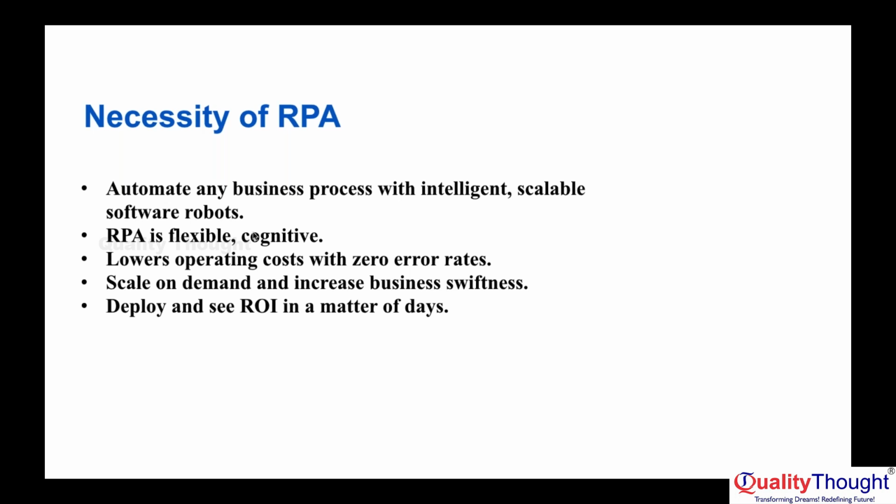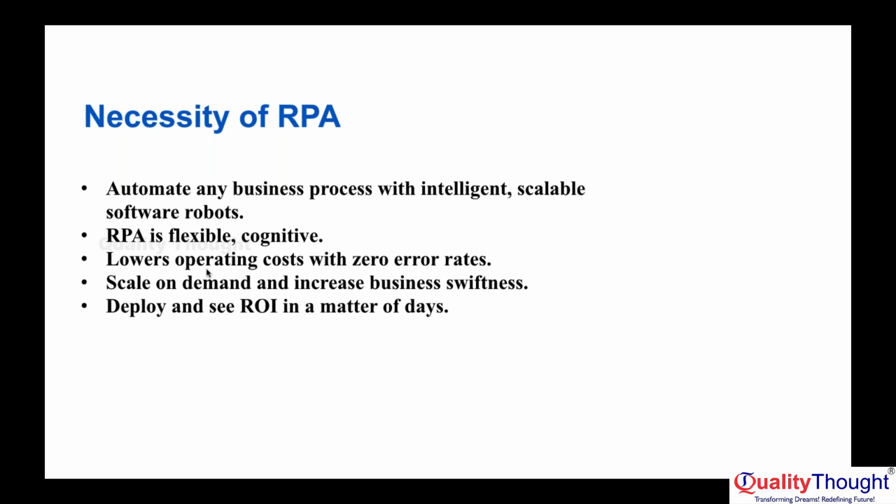And what is the advantage of this RPA? It lowers your operating costs. Why does it lower your operating costs? Because if you have human beings there, then you are going to pay them on a monthly basis, and also you have to make sure that all the amenities and facilities are satisfied for the employees to stay there, right?